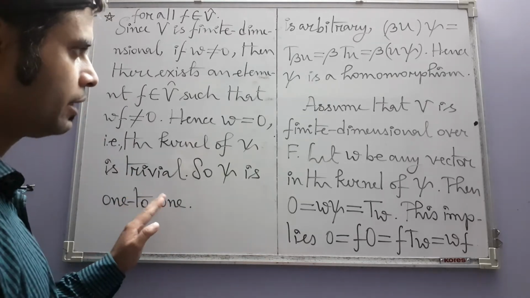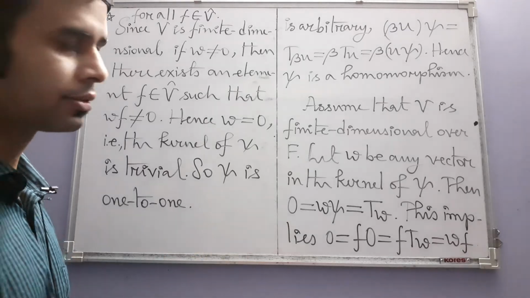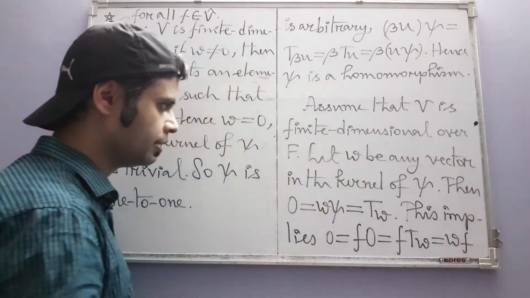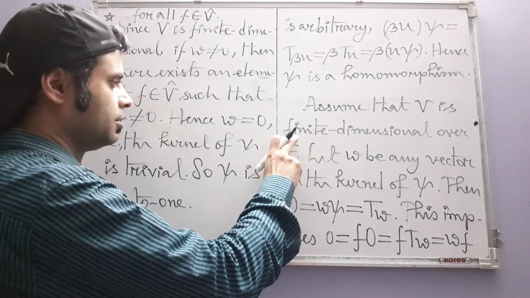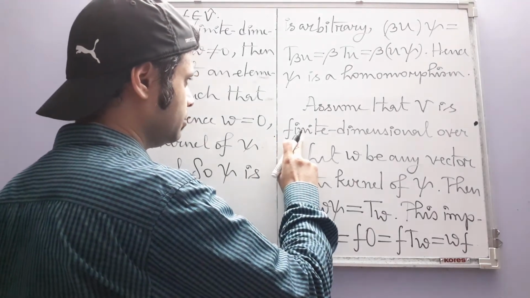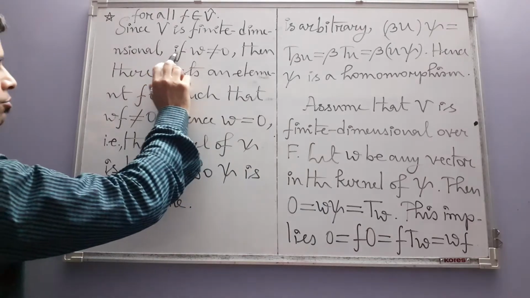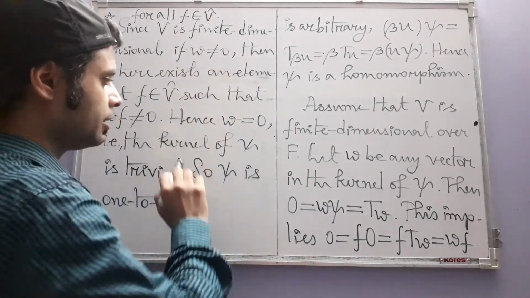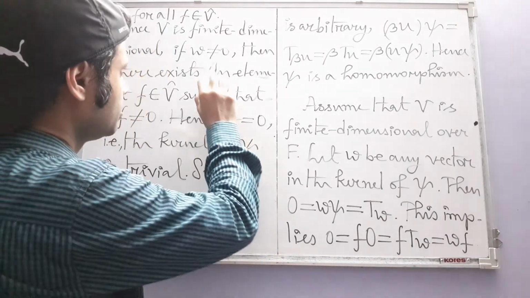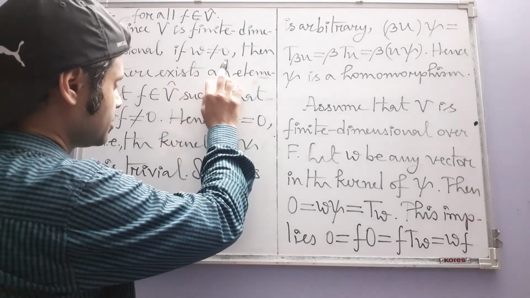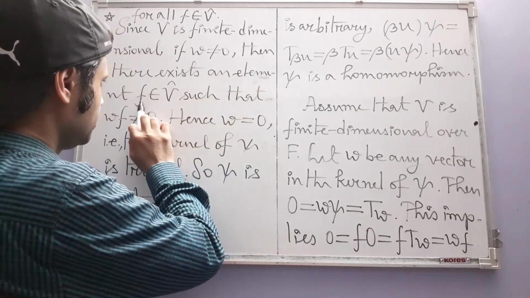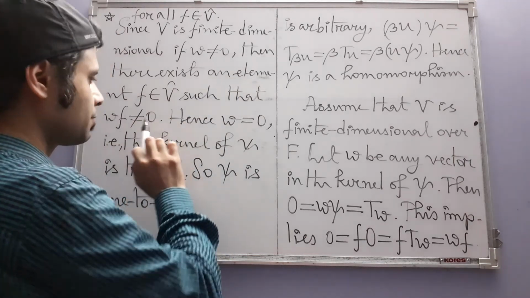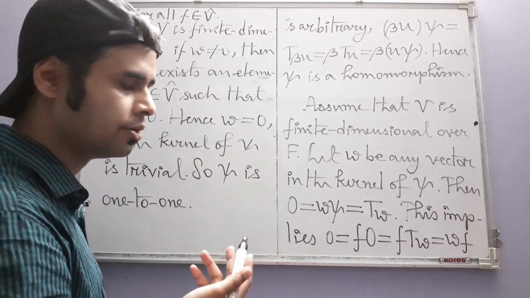Now what I was saying back then about finite dimensionality, actually we do not need this. Do you remember that when we proved this result, we mentioned that this result in general is true, that if there is a non-zero vector, then you can find at least one linear functional which does not make that vector 0.